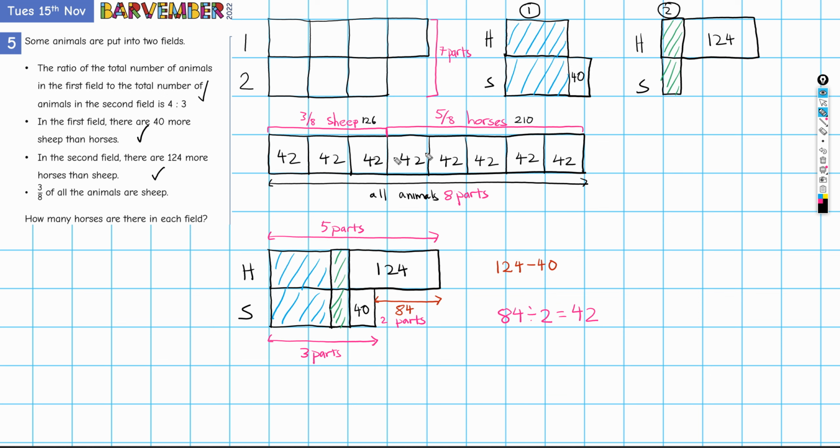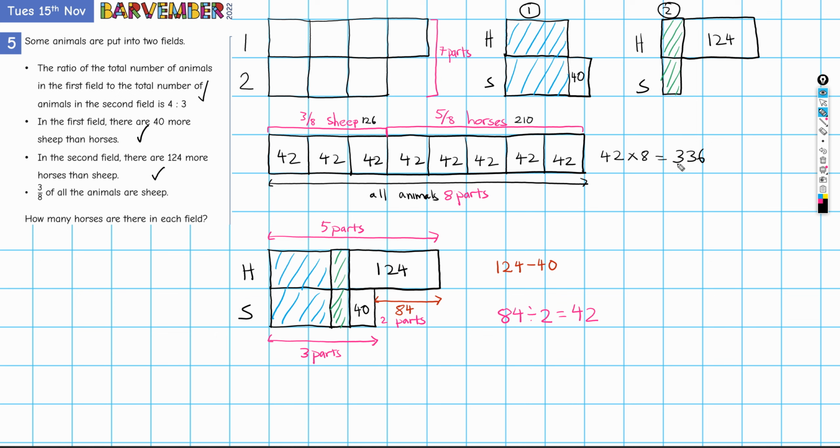And we can also calculate the total number of animals, which is 42 times 8, which equals 336. So we now know the total number of animals.